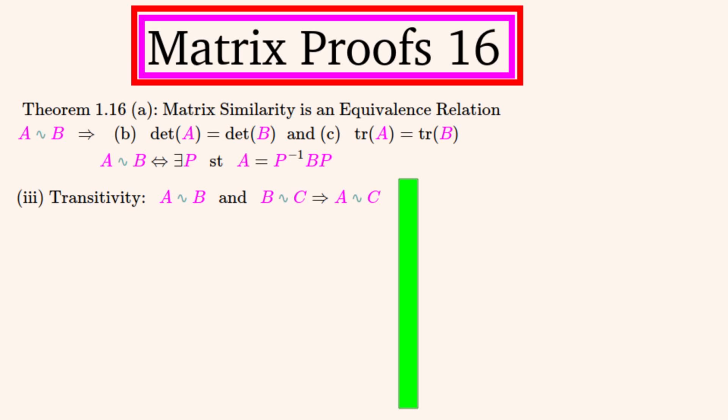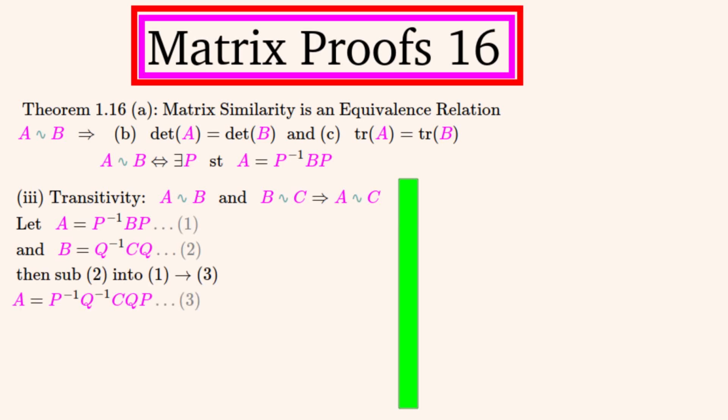Now to show that this relation is transitive, we've got to show in this case that A is similar to C. We can write out these equations like this because these matrices are similar. Then we can make this substitution to get A in terms of C. Then we can apply the property of inverse matrices that we've proven in a past theorem.